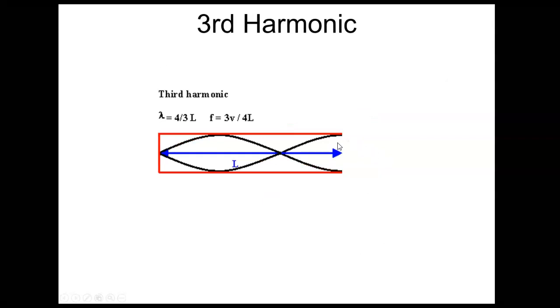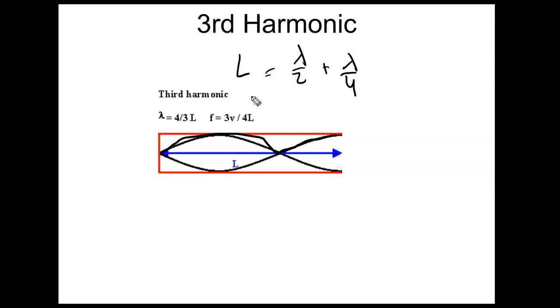So we're going to get something that looks like this. Notice here that we have a full up part, and then we have another quarter. So basically we have half of a wavelength plus a quarter wavelength along the length.